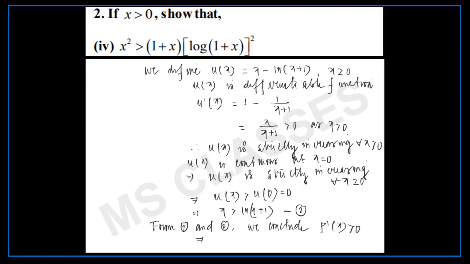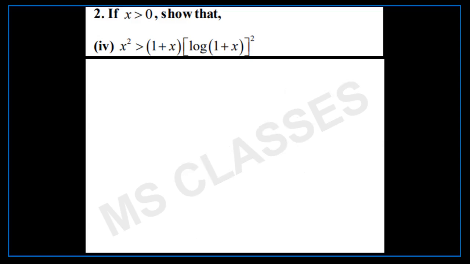This implies p(x) is strictly increasing for all x greater than 0. p(x) is continuous at x equal to 0.